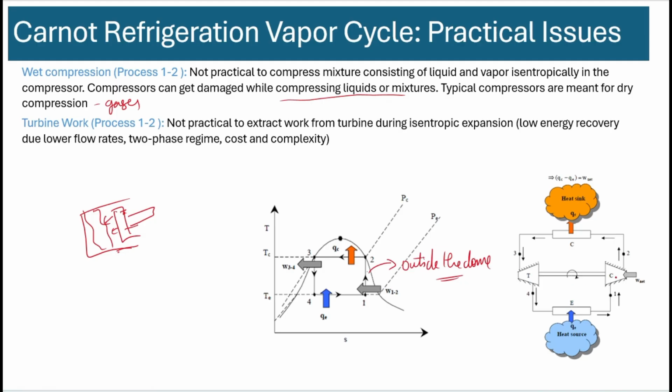driving the compressor. It's not really practical for a vapor compression system to use a turbine, primarily because it's hard to extract work. There is not enough work that could be extracted and used for compression, okay? Because the amount of work that you extract is probably less than 5% of what is needed to do the compression in such systems.